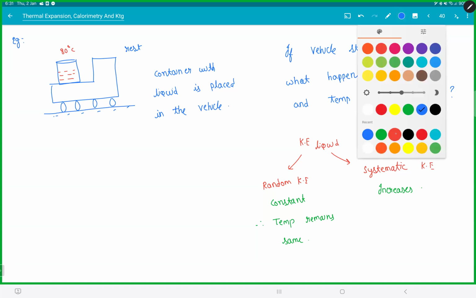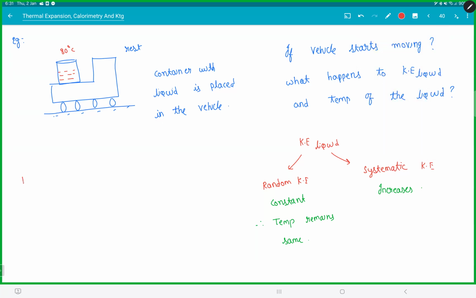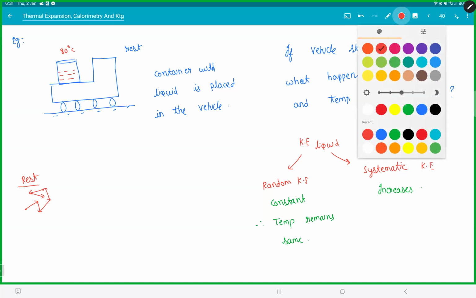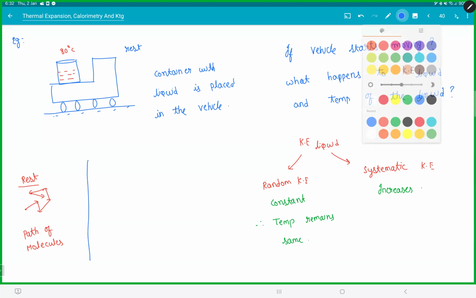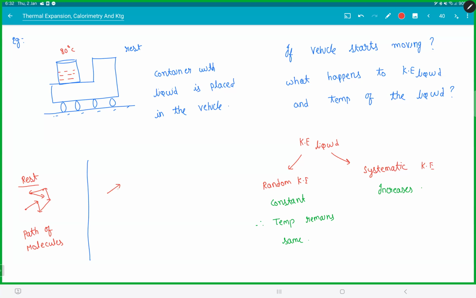Now if you actually look at the motion there, when the container was at rest, if you look at the molecules, they are going like this. This was completely random. But when the container moves, this is what you'll observe. This is the path of the molecules. When the vehicle is moving, this is what you will notice. That is a random thing. The green one is the systematic motion.